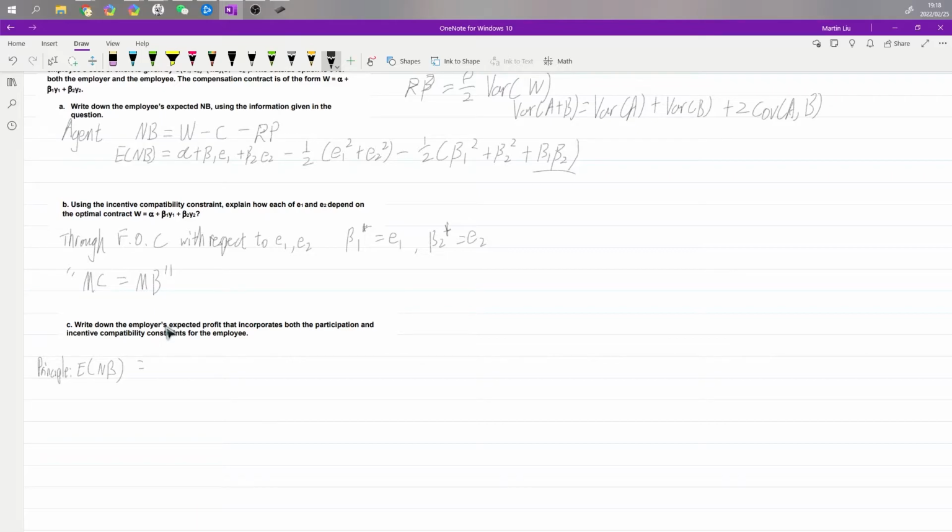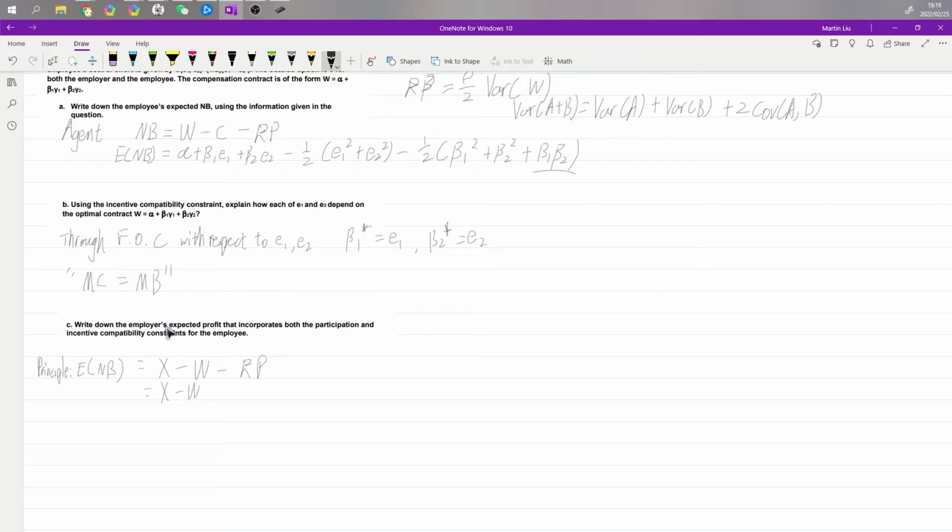That usually gives us x minus wage subtracted by risk premium. But in this case, our employer, which is the principal, is risk neutral. And when it is risk neutral, the risk premium basically goes to 0. That means what we are left with is x minus the wage.